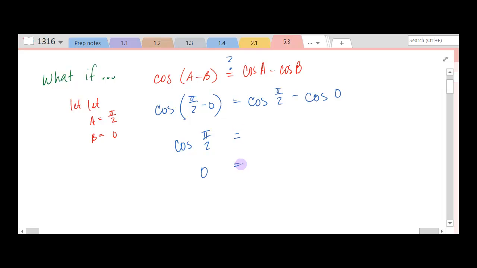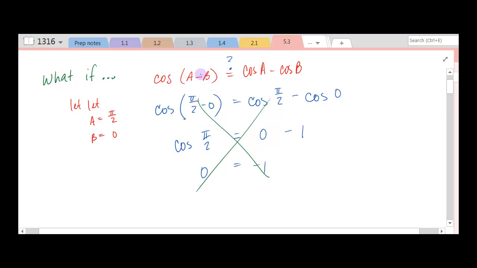Now the right-hand side: the cosine of pi over 2 is 0, but the cosine of 0 is 1. So we can see that 0 does not equal negative 1, and therefore we cannot just apply the distributive property when taking the cosine of two angles.